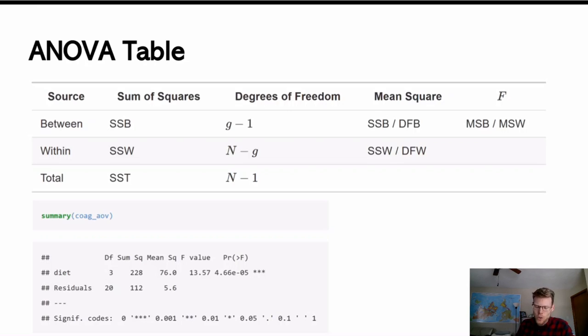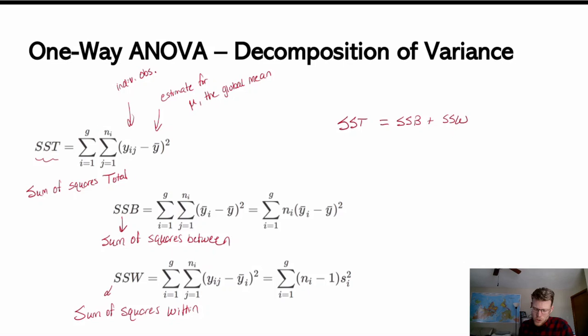So kind of ignore the -1 and the -g for a second and just think about this as dividing by number of groups. So to make the average sum of squares between, I take this value and divide by approximately the number of groups, technically it's number of groups -1, to approximate the average variation between one particular group mean and the global mean. So it's kind of that average between variation going on there.